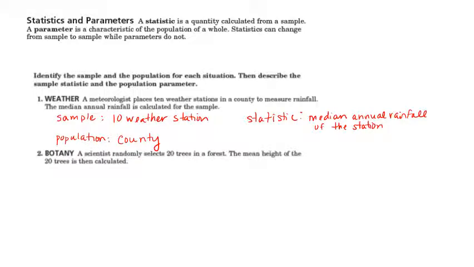It's the data from the sample. The parameter would be the data from the whole county. So it's the median annual rainfall of the entire county.